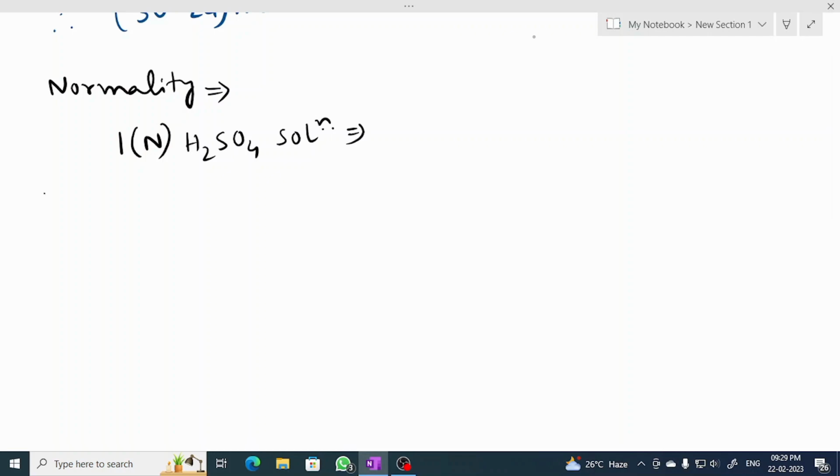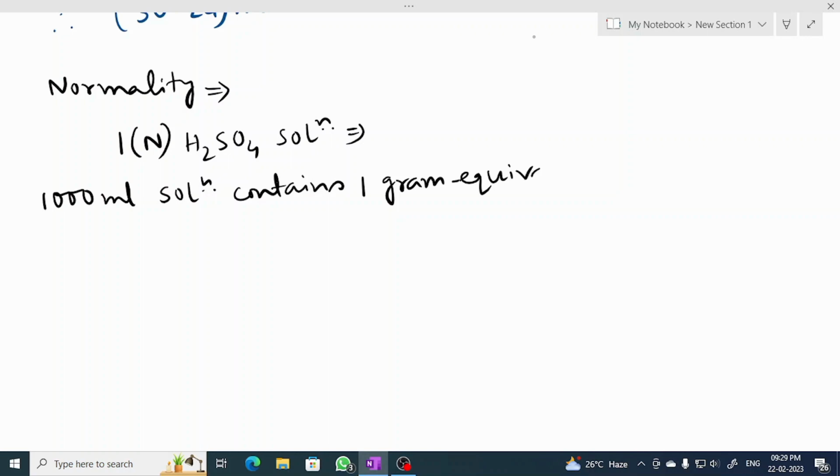It means that 1000 ml solution contains 1 gram equivalent of H2SO4. Now what is that gram equivalent?